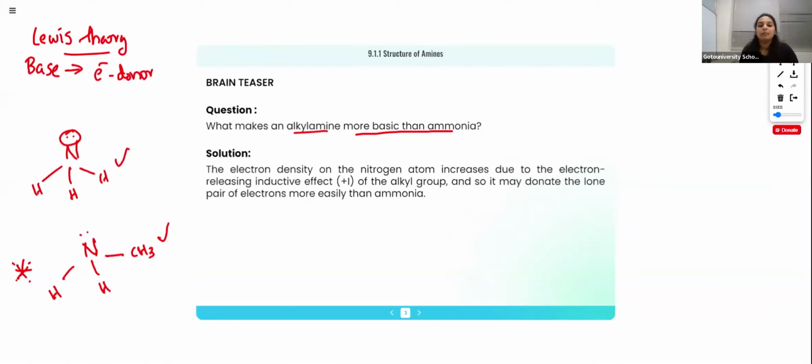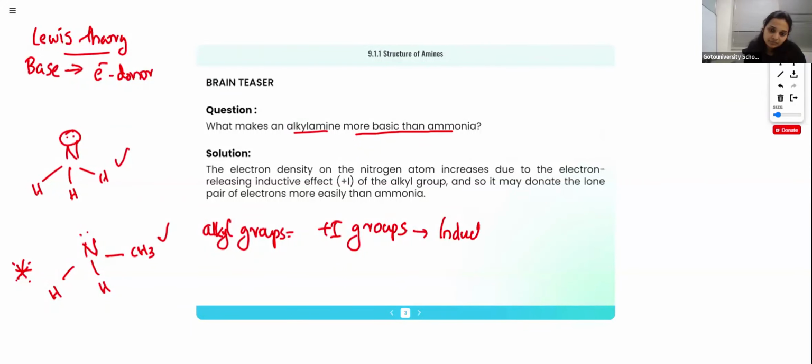Why? Because the alkyl groups are plus I groups. Alkyl groups are plus I groups. They have plus I effect. Plus I effect is also called inductive effect. What do I mean by inductive effect or plus I effect?